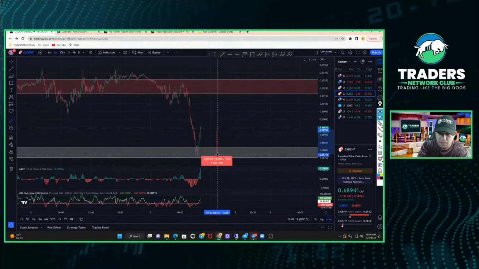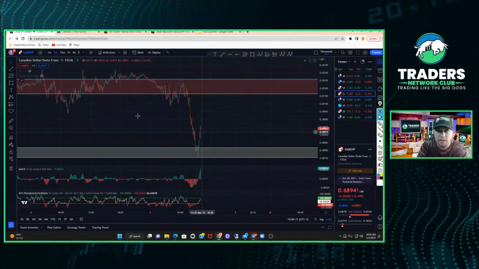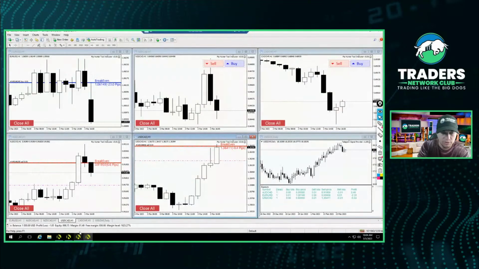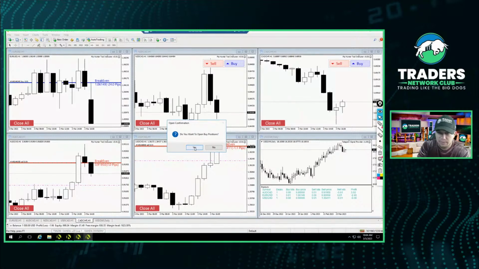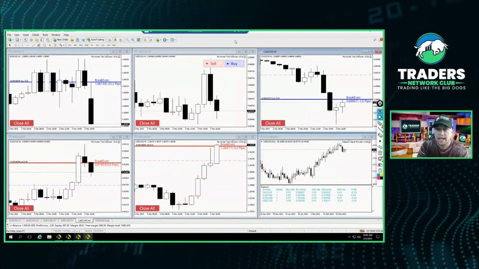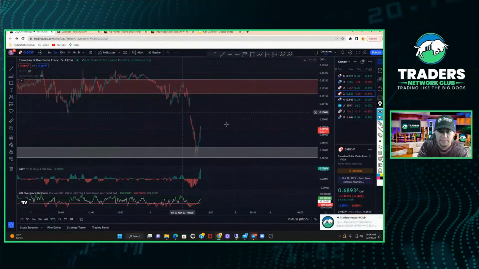Now, if price does continue to move back down here, let's just say price wants to continue to test this bottom here, that's 16 pips. Probably going to miss out on my second entry, so we will not get a second position to average my cost. But I'm still going to go long on the CAD Swiss. Still going to anticipate price to move back to that supply zone up top here.